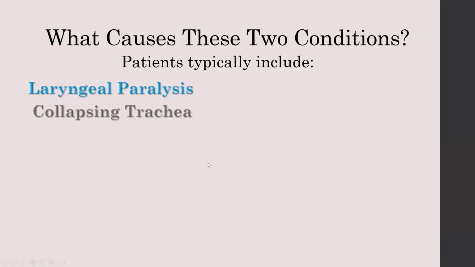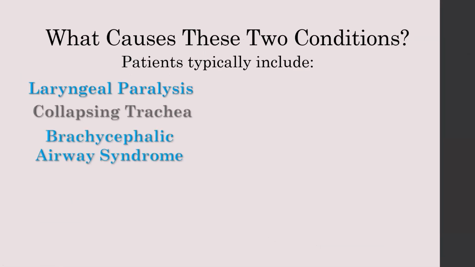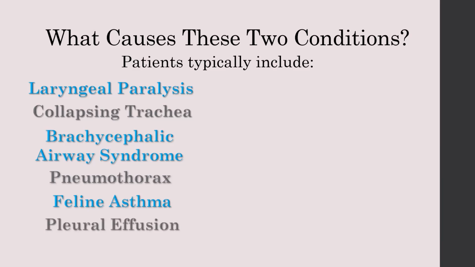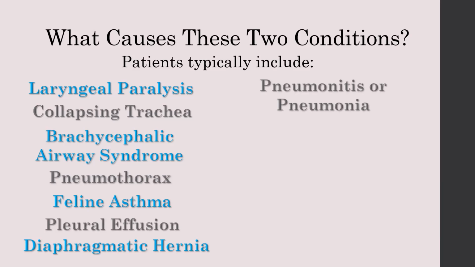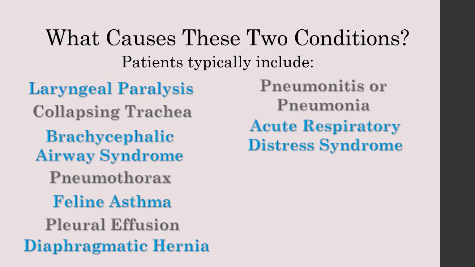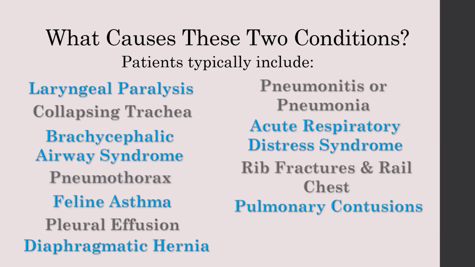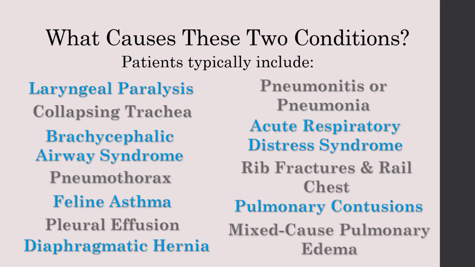Perhaps they have collapsing trachea, brachycephalic airway syndrome, pneumothorax, or felines with asthma, pleural effusion cases, also patients with diaphragmatic hernias, pneumonia or pneumonitis, patients in acute respiratory distress, rib fractures or flail chest, pulmonary contusions, or cases in which there is a mixed cause due to pulmonary edema.